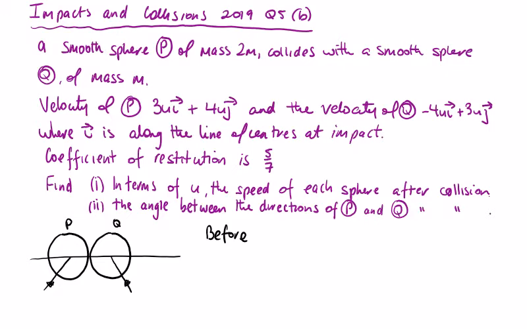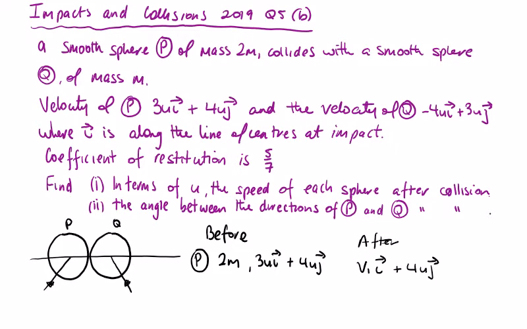So we have 3ui for P. We have a mass of 2m, and we have velocity of 3ui plus 4uj. Now we know within oblique collisions, the j direction isn't going to change. It's just the i direction that changes afterwards. So after, P is going to have a velocity times i, and it's going to have the 4uj.